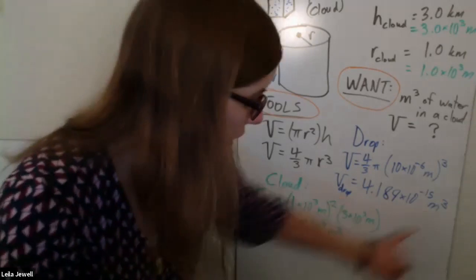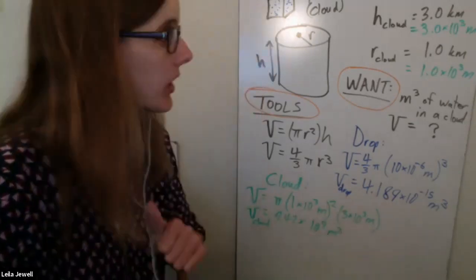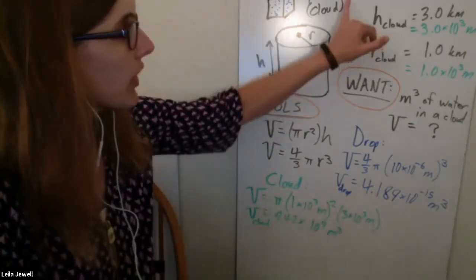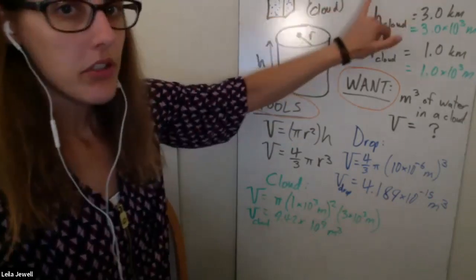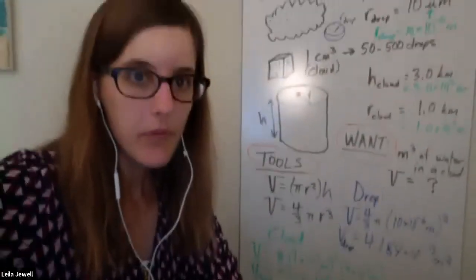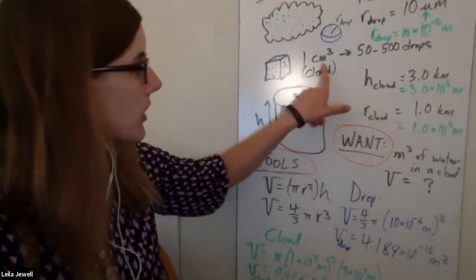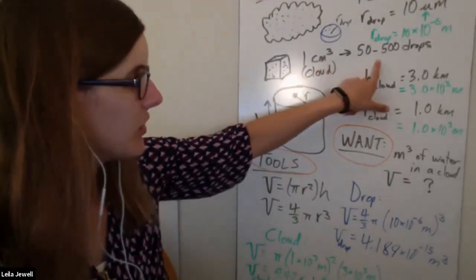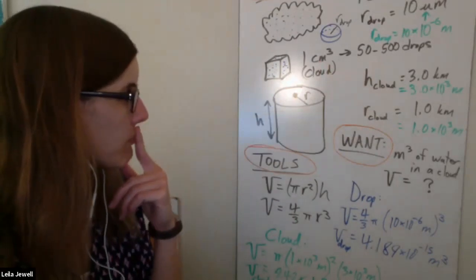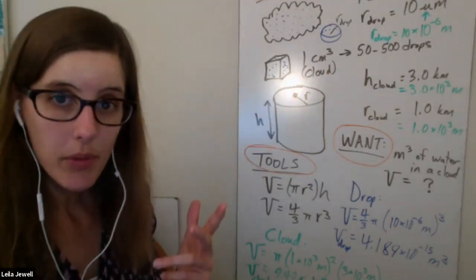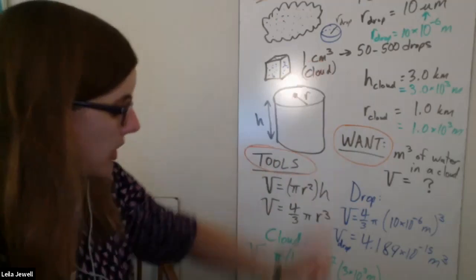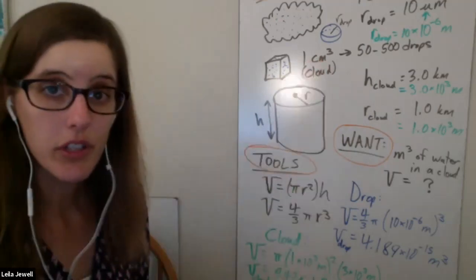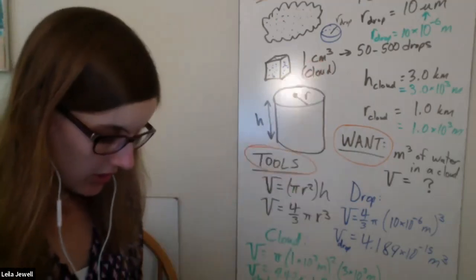Now these are both in cubic meters, which is great. I really like that. Our conversion factor up here, I'll use the lower one. The conversion factor, meanwhile, is in cubic centimeters, equal to this number of drops. So this is a problem. We need to make this match the cubic meters in order for it to cancel out, right? So I'll write it down below.